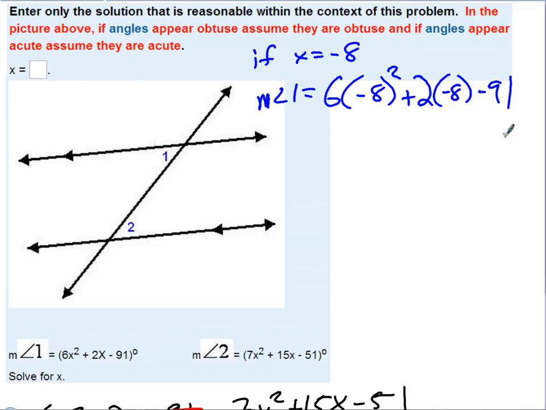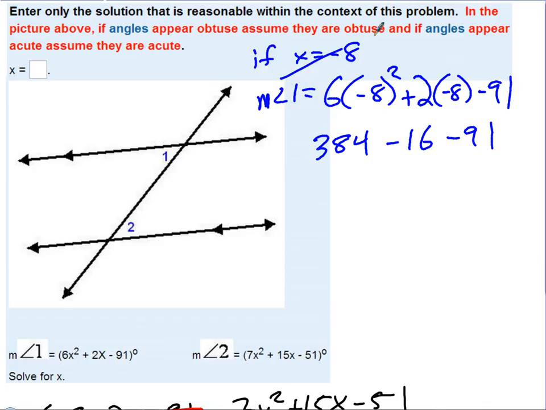What's negative 8 squared? 64. What's 6 times 64? What, 384? 384 minus 16 minus 91. So that's going to be a ridiculous answer, isn't it? We can already see I'm going to get an answer that is really big. That's way bigger than 90, right? So we know that x equals negative 8 doesn't work.